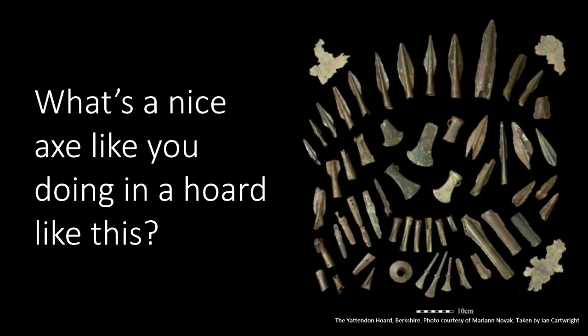However, in amongst all of this, we have this complete and very nicely preserved early Bronze Age flat axe, which is perhaps the nicest, certainly the object in the best condition within the hoard, despite predating the hoard by over 1,000 years. And in addition to this, we have other objects that date to the Middle Bronze Age, predating the deposition of the hoard by about 400 years or so.